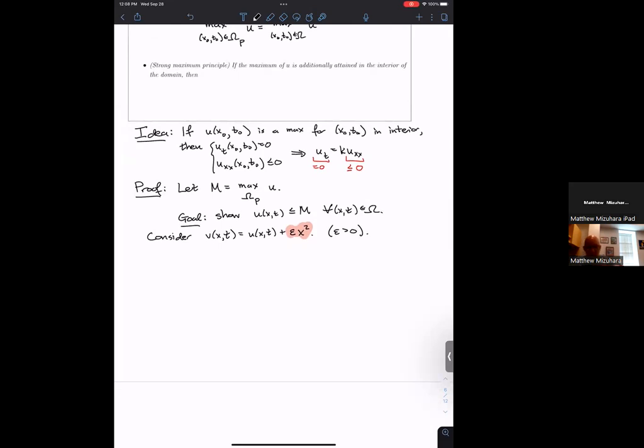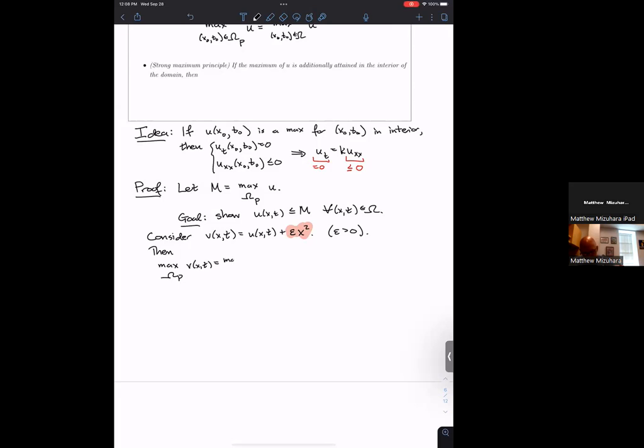So the first thing to do is realize that V is a different function, so we have to think about it separately. There's no guarantee that V also has maximum M on the parabolic boundary. So let's recompute what we know about V on the parabolic boundary. What is the max of V of x, t over the parabolic boundary?